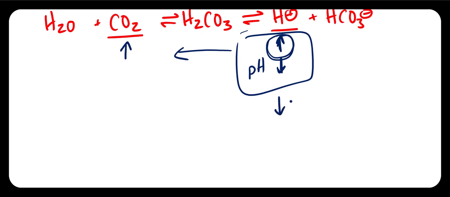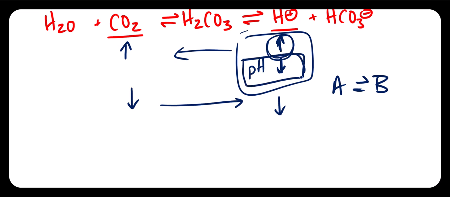Or if hydrogen ion goes down, we'll shift our equilibrium towards the hydrogen ion, making carbon dioxide go down. So it's exactly the same thing as our A goes to B. One goes up, the other goes up, one goes down, the other goes down. Just don't forget, we've got our inverse function here.